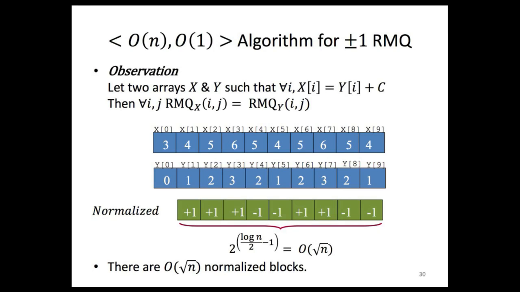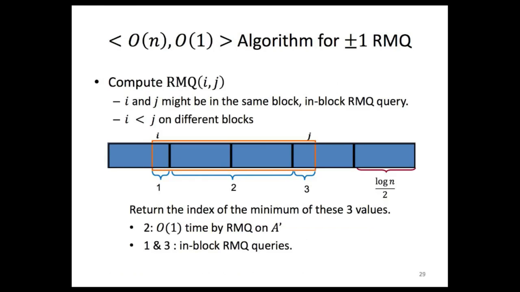So instead of computing all 2n by log n blocks, you might need to calculate a lesser number of blocks because they all differ by +1, -1. And if they share the same structure, you don't need to recompute them. You say that this part looks exactly like this part, and hence I don't need to recompute this.